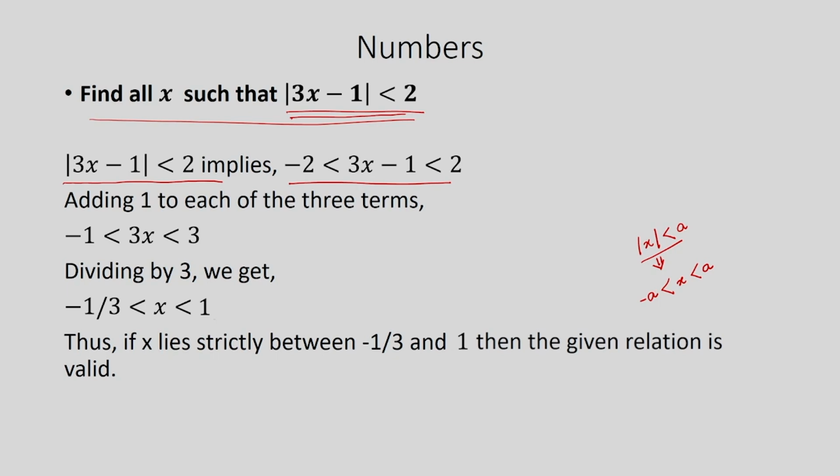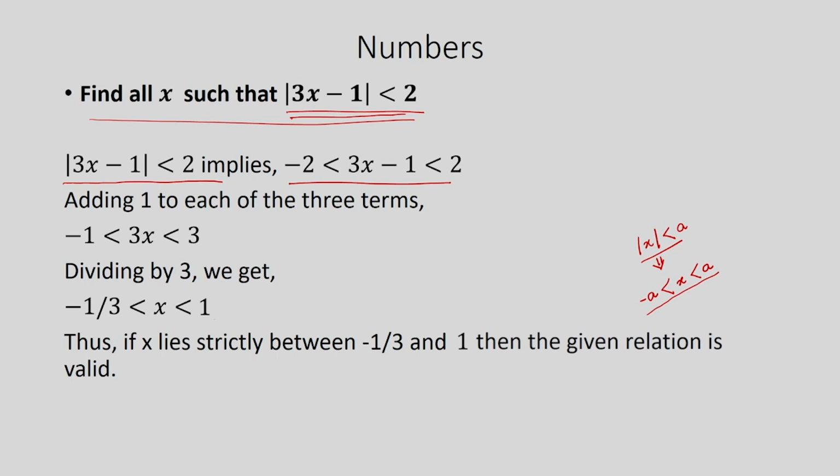So, if modulus of x is strictly less than a, then whatever be the value of x, it lies in this range minus a to plus a. And you can see the reason for that, right. Modulus of x less than a means that even if x is negative, by modulus we take the positive value of that negative number.